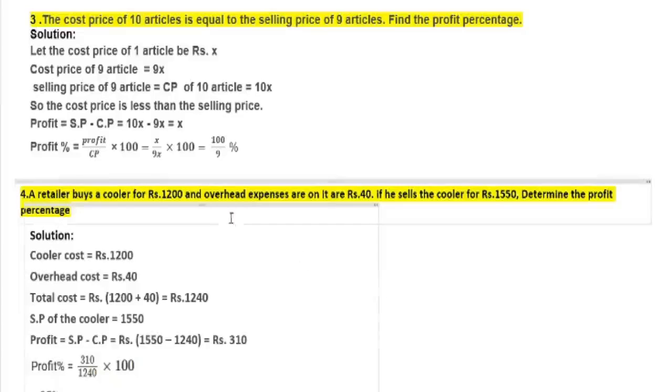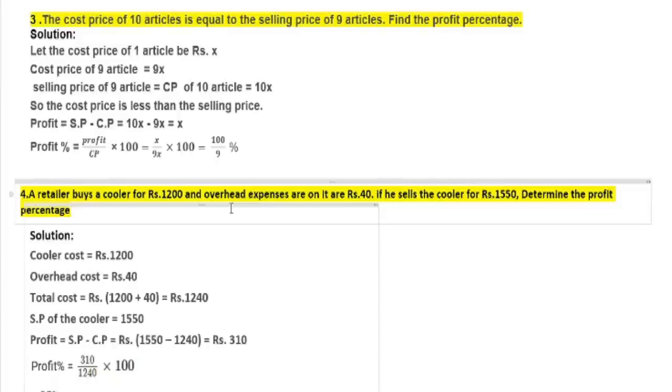So here a new term is here, overhead expenses. Overhead expenses means, suppose you are buying an old item, then there we have to spend some money on repair. Or suppose we are to buy some article from a shop, so bringing that article to our home, we have to spend some money on transportation.